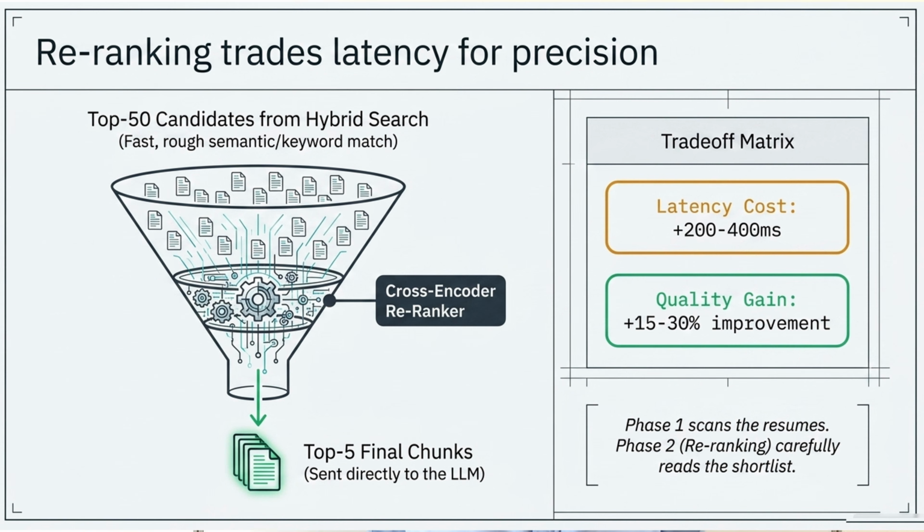That is the initial retrieval. The second pass carefully reads the shortlisted resumes. That is the re-ranker. Re-ranking adds about 200 to 400 milliseconds of latency, but it improves result quality by 15 to 30%. After re-ranking, you take the top 5 chunks and pass those to the LLM.